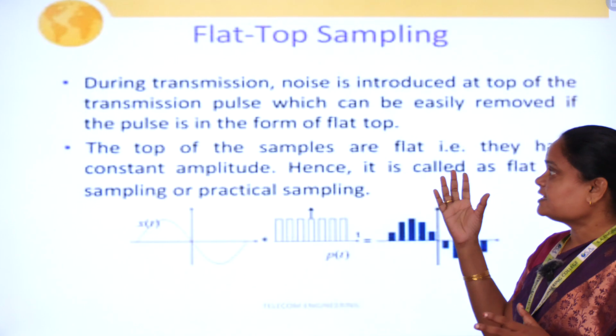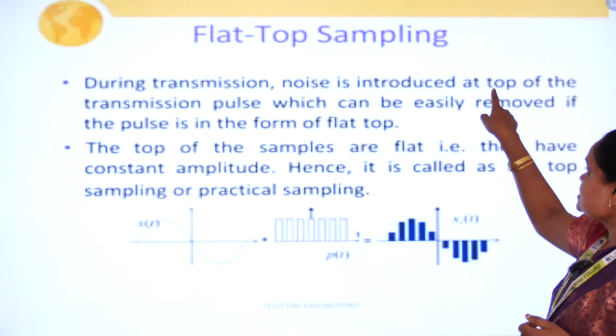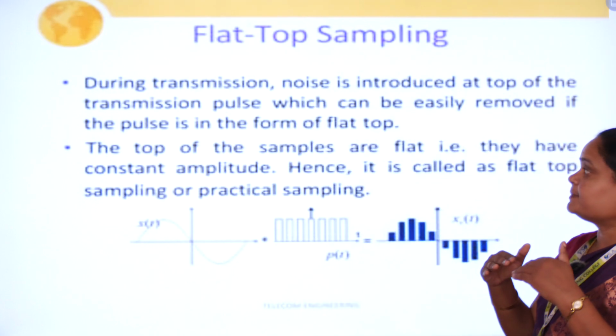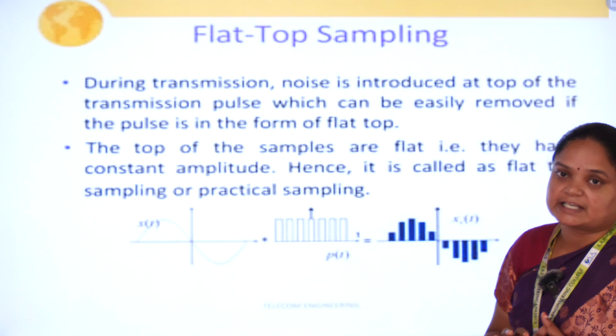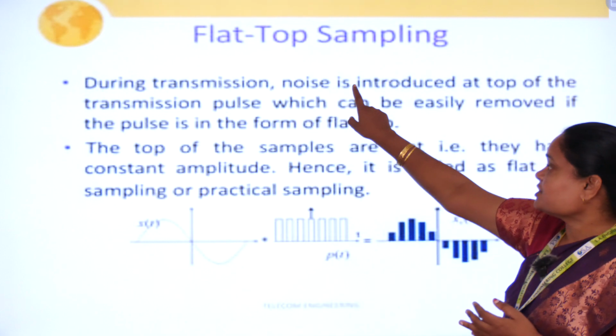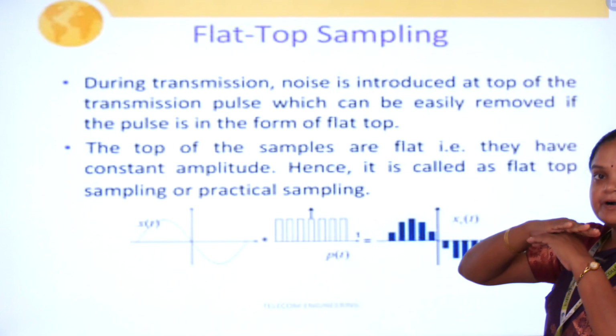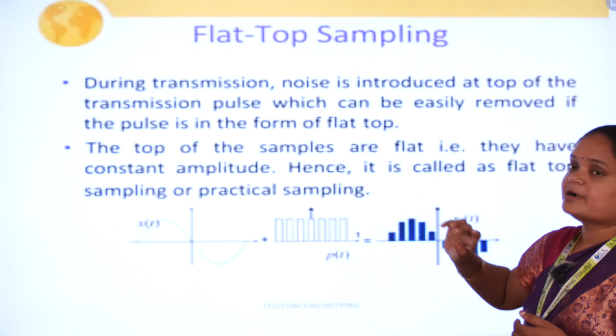So what is flat top sampling? Flat top sampling means that during transmission, noise is introduced at the top of the transmission pulse, which can be easily removed if the pulse is in the form of a flat top.